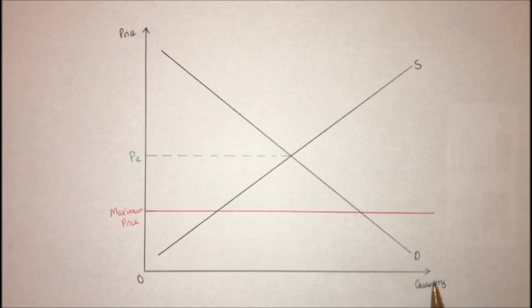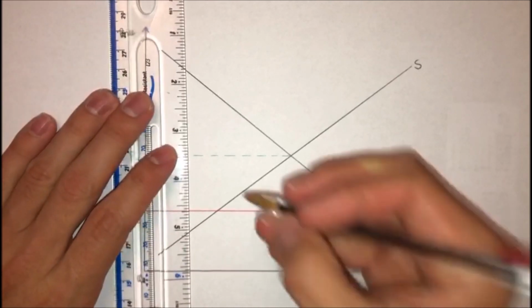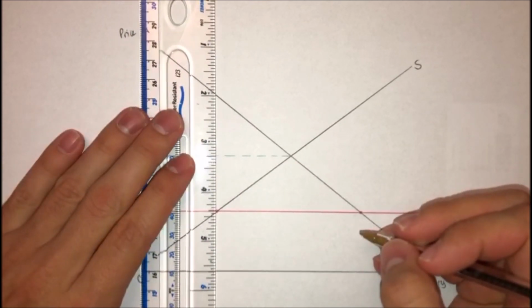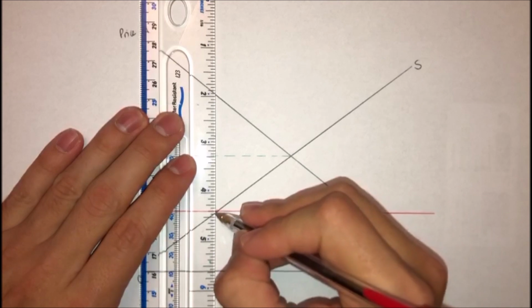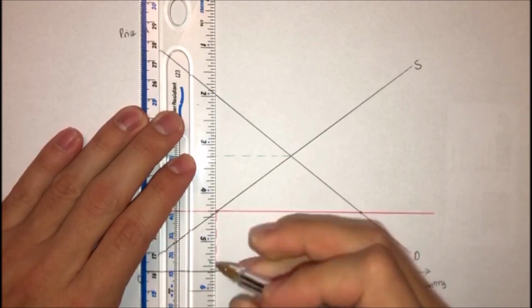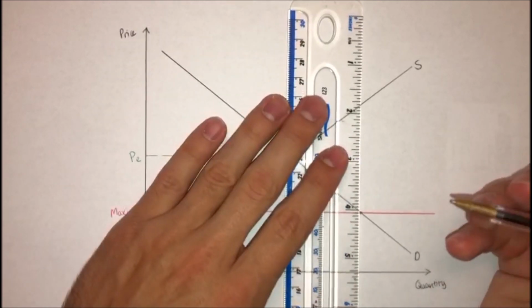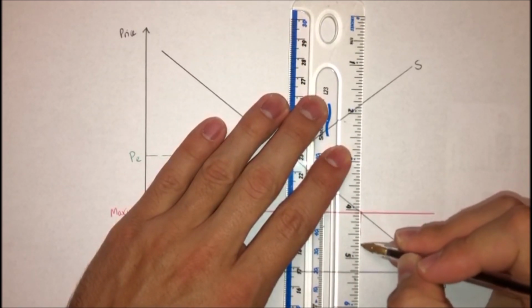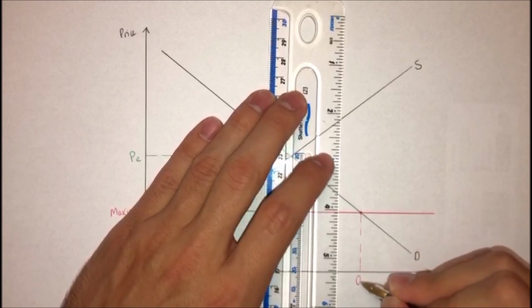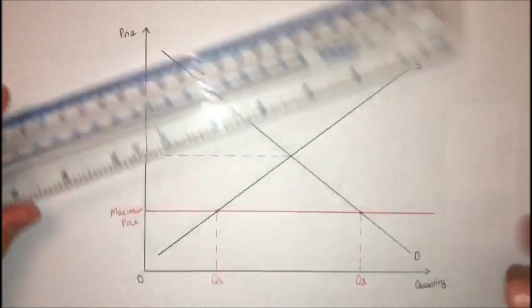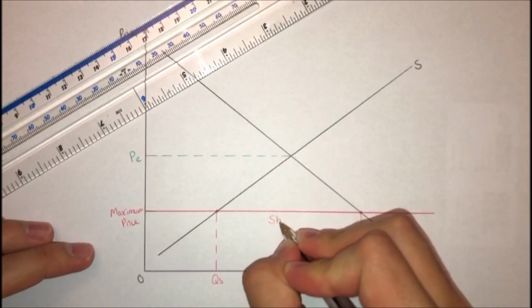And what this actually does is it leads to a shortage of supply from QS here to QD here, and we'll label that just so it is obvious for you.